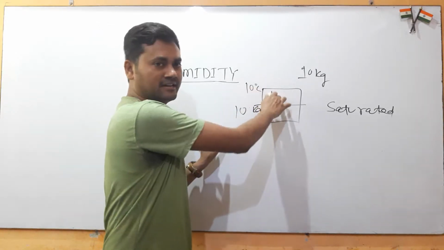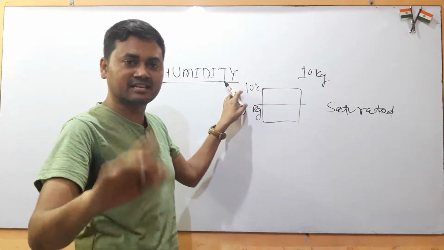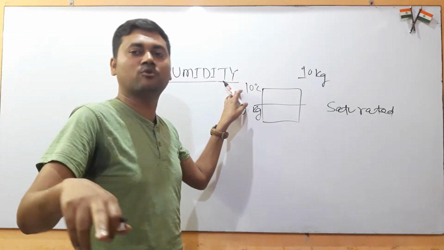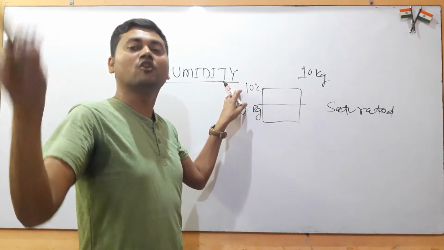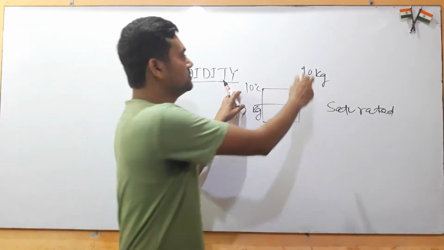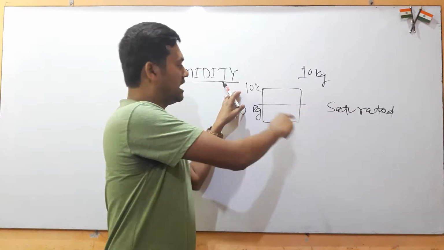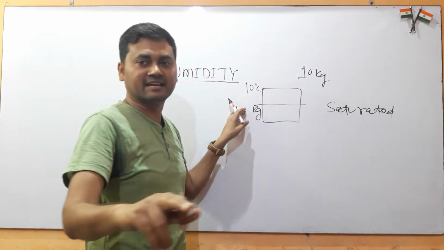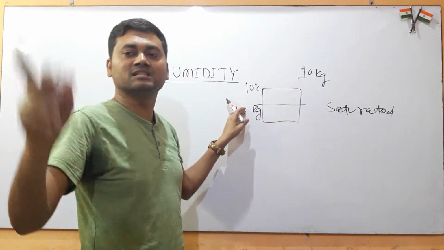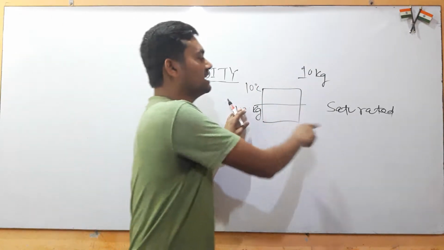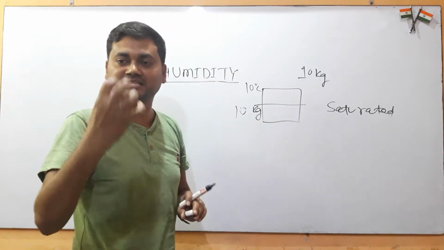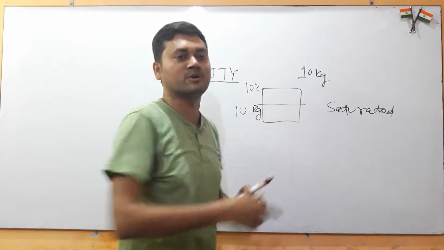This is air which has a temperature of 10 degrees Celsius, and its maximum holding capacity of water vapor can be 10 kg. But if only 5 kg is there, it means the air is 50% saturated, and there is scope for an extra 50%.